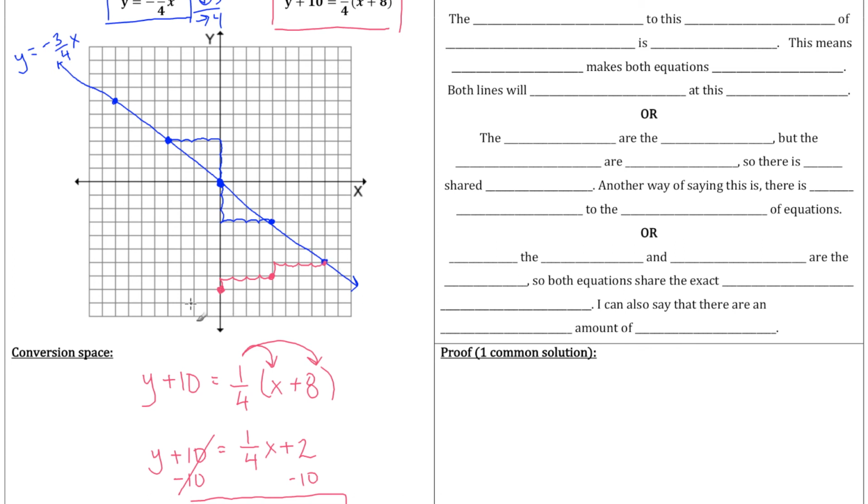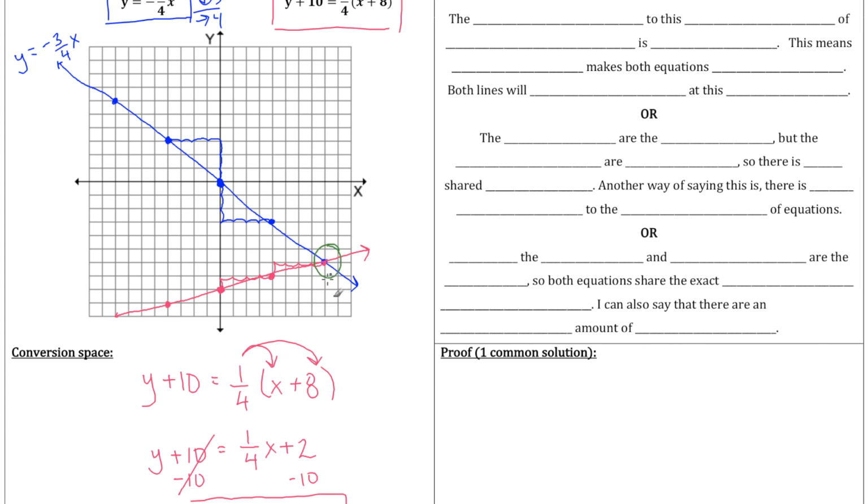Right here, I'm going to go backwards, just to help my drawing. Now I'm going to do my best to graph the solutions. Okay, cool, good enough. And this is the common solution.